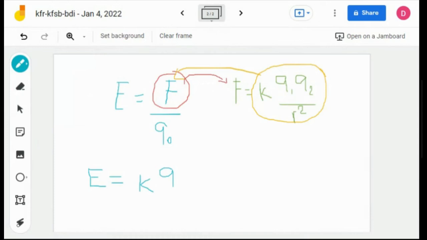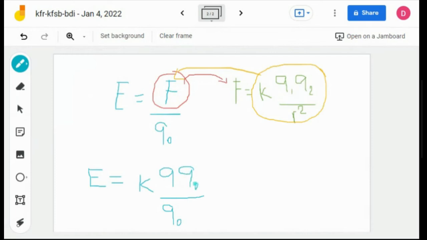So we need to put a test charge Q naught. Present from this equation, the Q2 here would be written as Q naught.